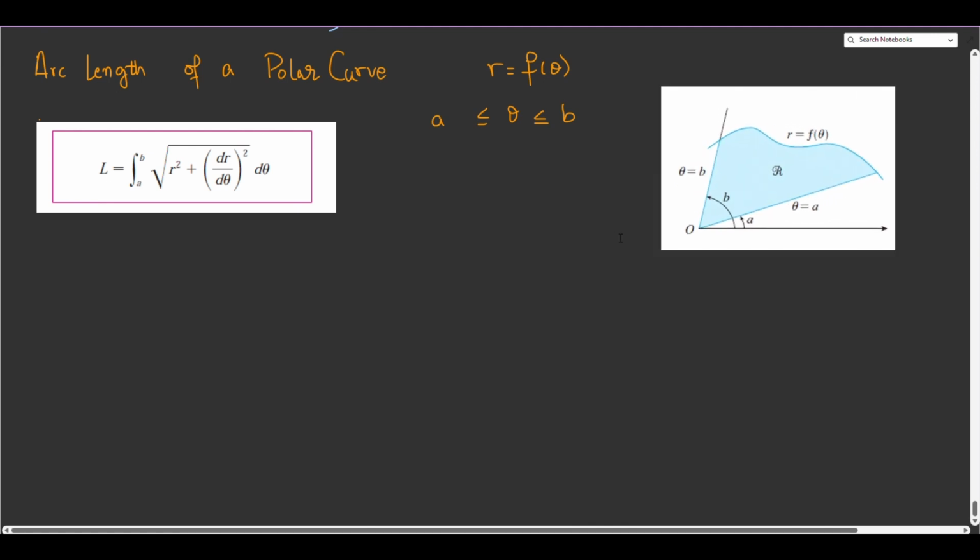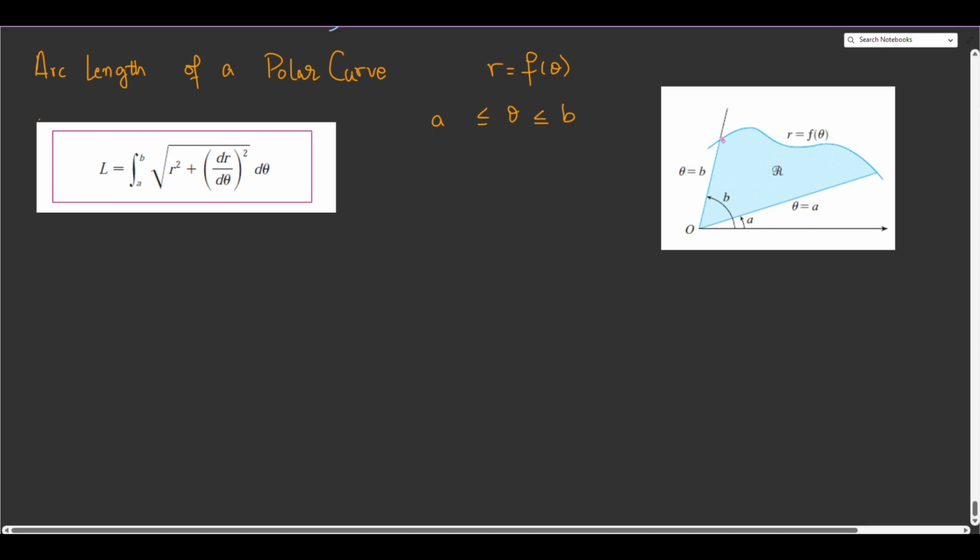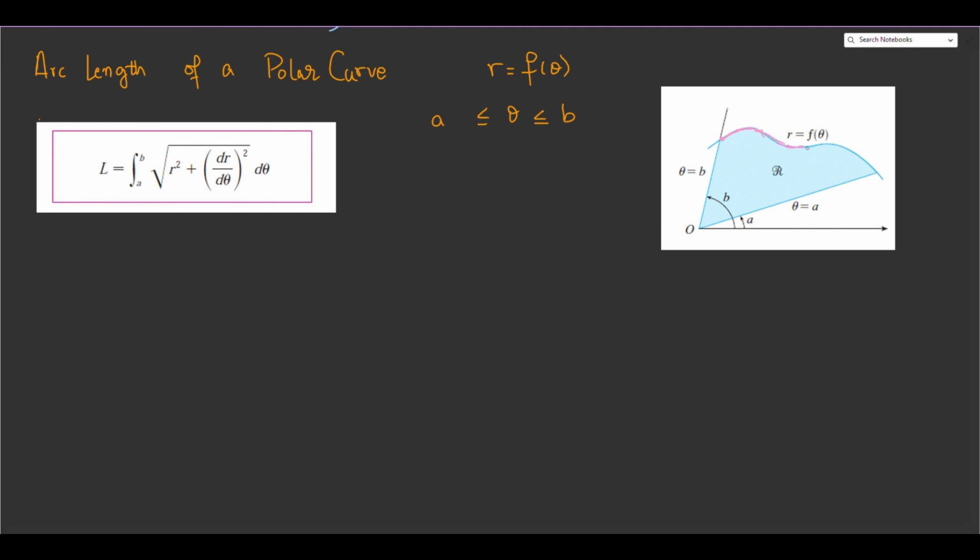So this is our polar curve, and it is bounded between these two lines which are passing through the origin, theta equals a and theta equals b. What we need to do is find the length of this curve, starting from this point to this point. So this is our main goal.